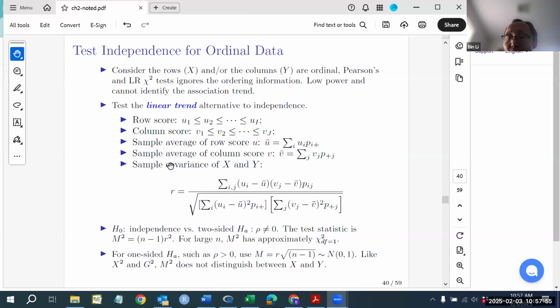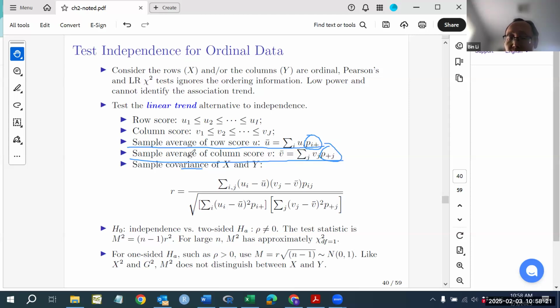Okay, so after we assign this, we can get the sample average of the row scores and the sample average of the column scores. And that's very obvious. It's the weighted sum, right? So the weighting is the proportion: the row proportions and the column proportions.